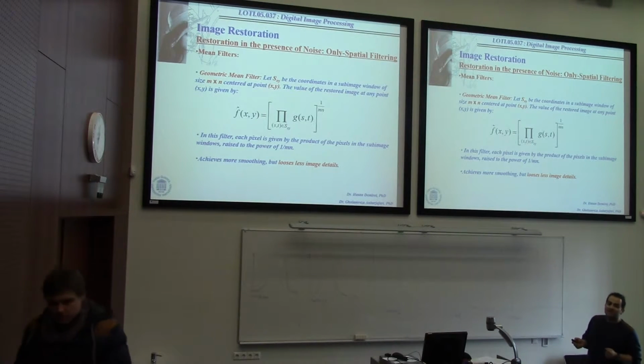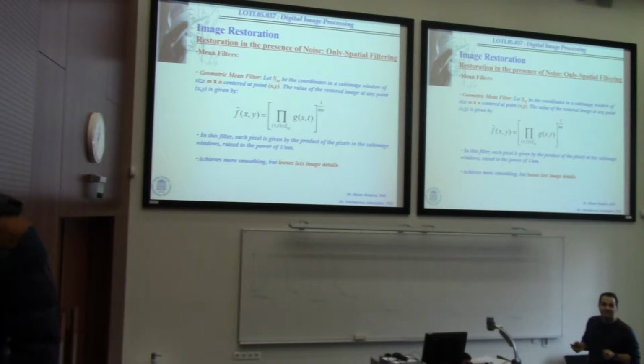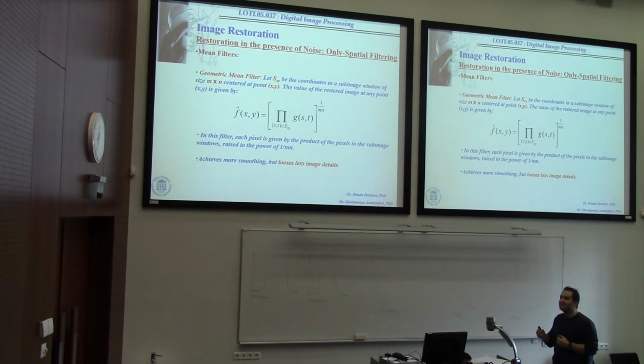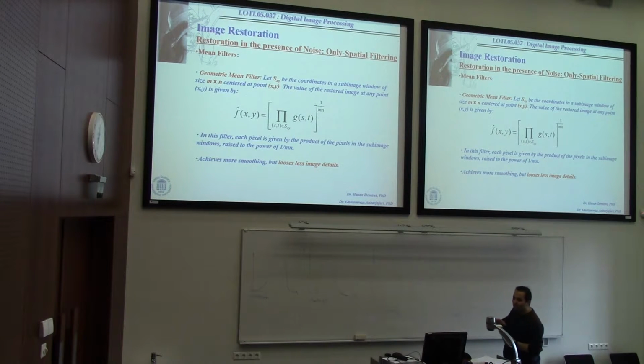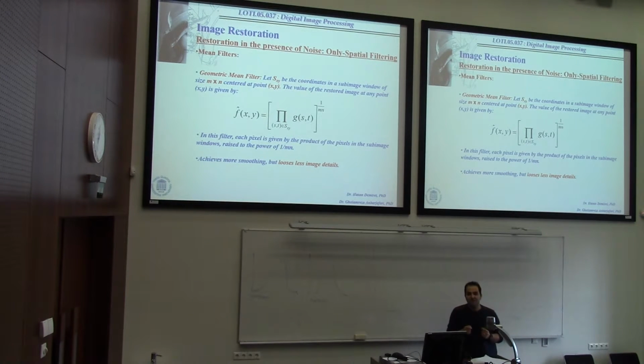And also, after applying this filter on the image, we also have a smooth image, but we keep more details in the image. It means that compared with the arithmetic mean filter, in this case we have more details of the image.